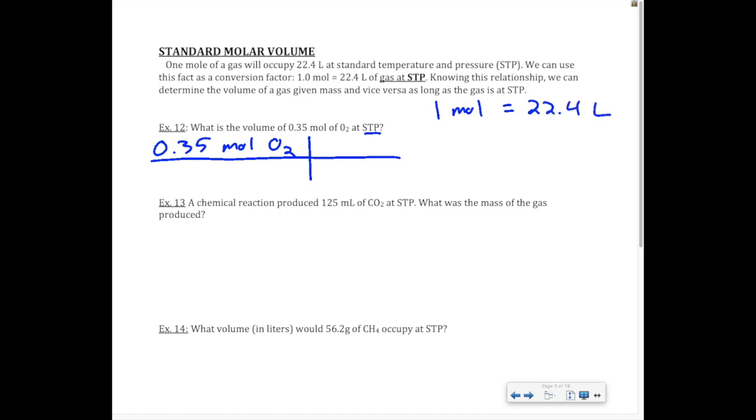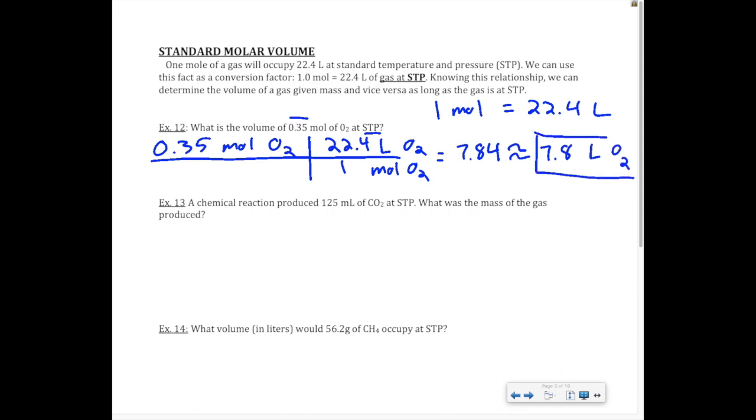I need to make sure I put moles of O2 on the bottom so they cancel out, and I have liters of O2 here. So there's 22.4 liters in 1 mole. 0.35 times 22.4 is going to be 7.84, but I need to approximate that to 2 sig figs since I have 2 sig figs in my original number. So I get 7.8 liters of O2. And that's my answer there.